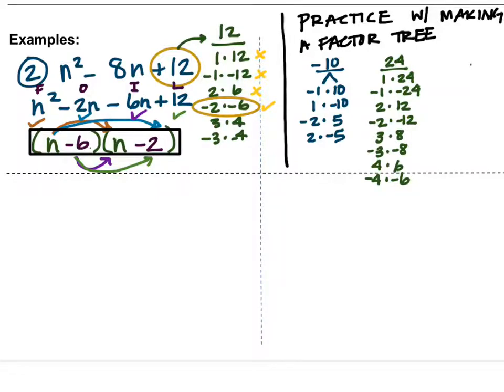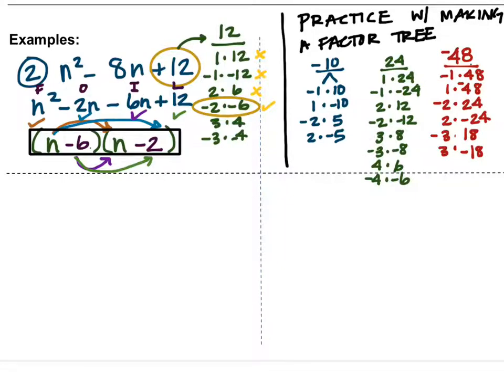Now let's do one more together of 48, and I'm going to do negative 48 just to work on those negative skills. So I would work on negative 1 times 48, or 1 times negative 48. Two times negative 24, or negative 2 times 24.